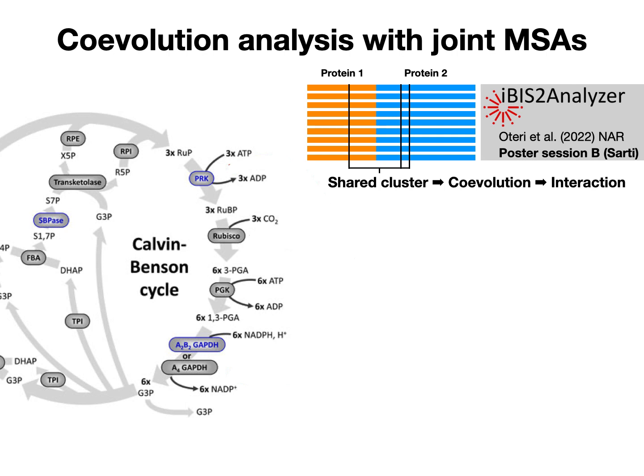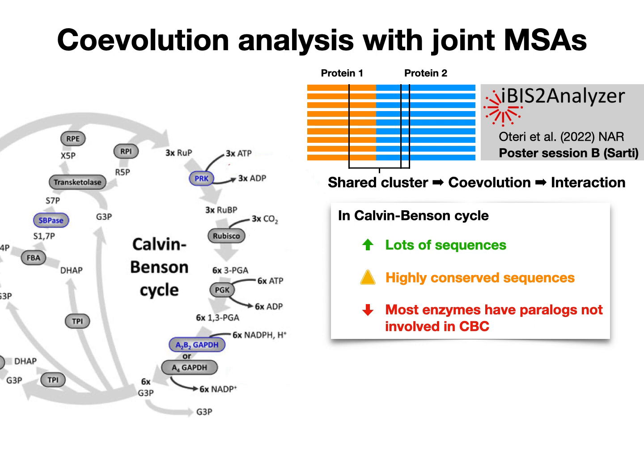For this task, we are using IBIS2, an accurate, iterative method able to detect groups of co-evolving residues even in case the correlation signal is only present in a subset of sequences. The IBIS2 method is also robust with respect to sequence conservation. You can find out more about our recent online implementation, IBIS2 analyzer, during the poster session.